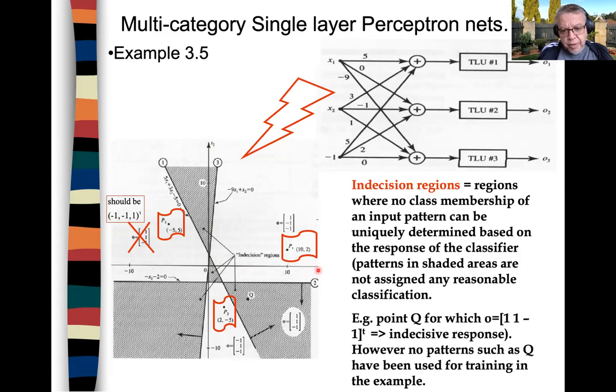Here we're in the input space, x1 and x2, and we have 3 patterns. Pattern 1 has input x1 equal to 10, x2 equal to 2. We know that this pattern belongs to class 1, meaning that o1 has to be 1, o2 has to be -1, and o3 has to be -1.